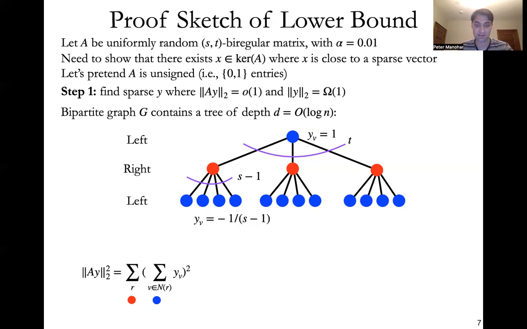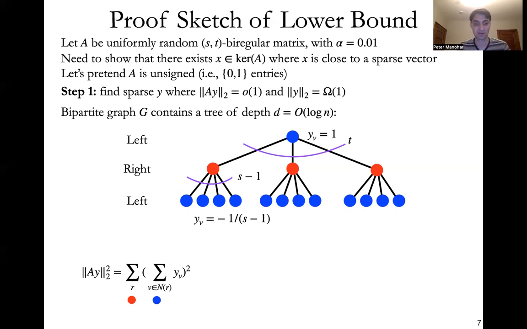That is, we'll set Y sub V to be minus 1 over S minus 1, which means that when we sum over a right vertex in the middle, we'll get S minus 1 times minus 1 over S minus 1, which is minus 1, and then plus the 1 coming from the root, so it sums to 0. We've evenly spread out this mass across all the children of the right vertex. So that's just the construction.